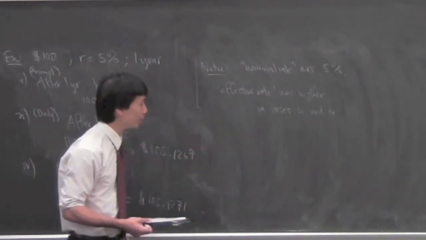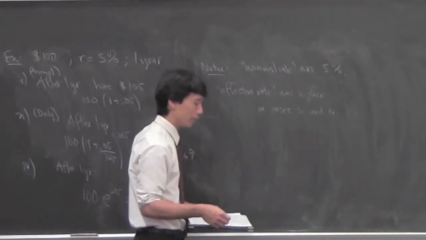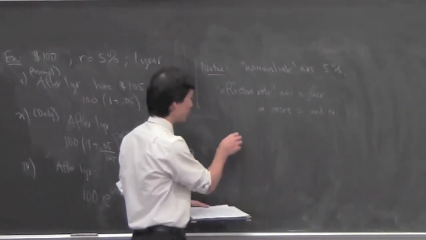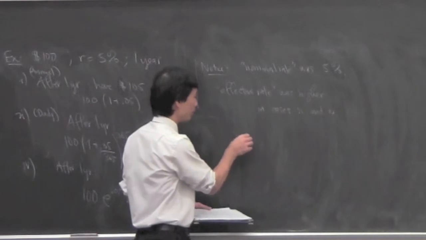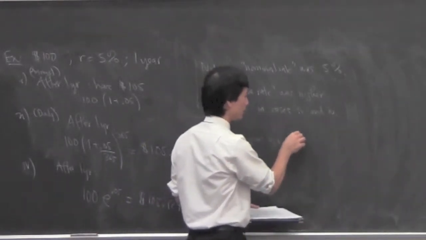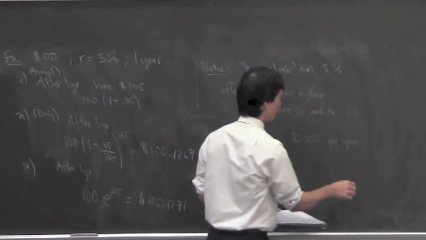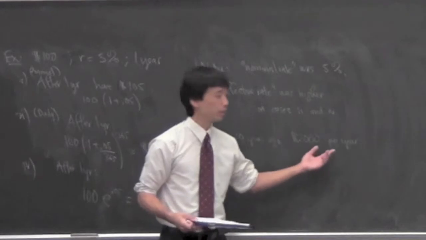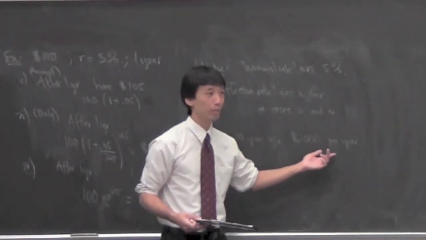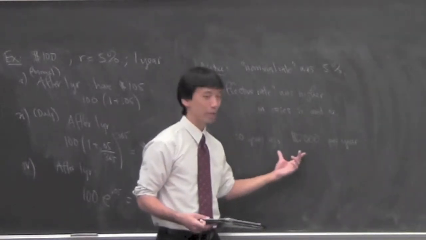Okay, so let me give you an example that I saw on a web page. If 30 years ago you had put $2,000 per year into your pillow, say, well then right now, how much would you have?